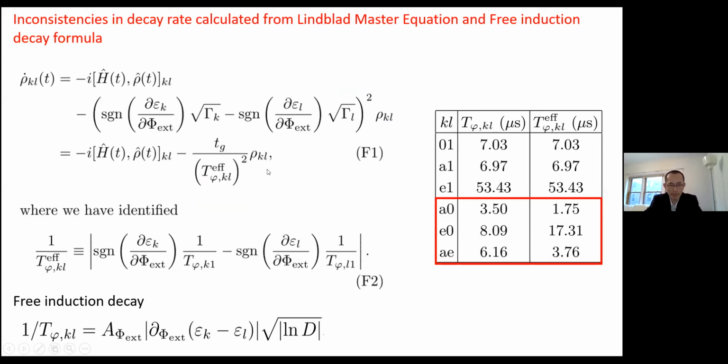So what normally people do is that they just take this 1/T5 and use it as the rate in the master equations. But actually, we can do a better job in approximating the Gaussian decay by an exponential decay.